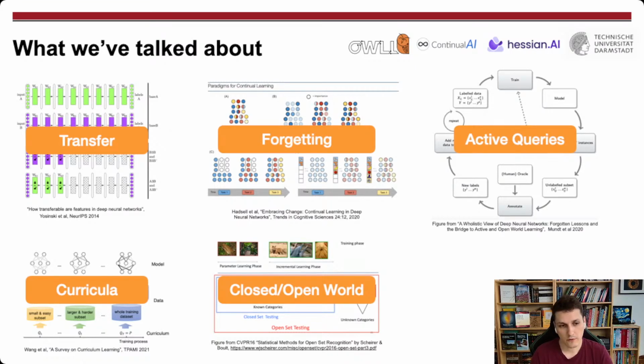So after we've talked about knowledge transfer in the positive sense, we've also talked about knowledge transfer in the negative sense, like negative backward transfer, i.e. forgetting. And we've moved away a bit from continual learning from the view of parameters and forgetting to data a bit more. And in this perspective, we've talked both about active learning and curriculum learning, not in this order, but eventually.